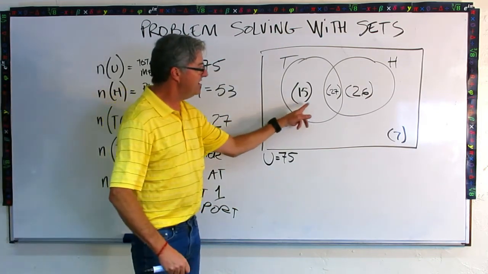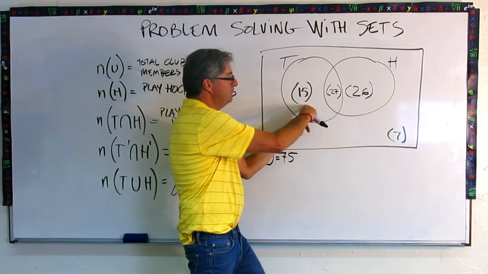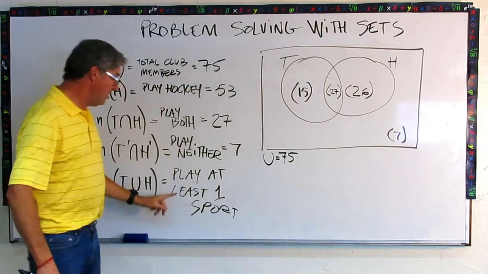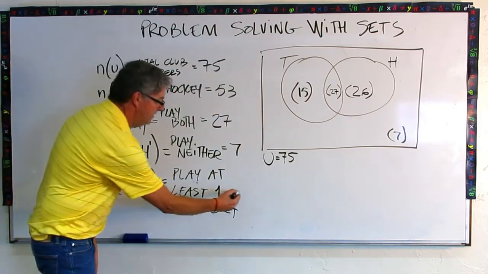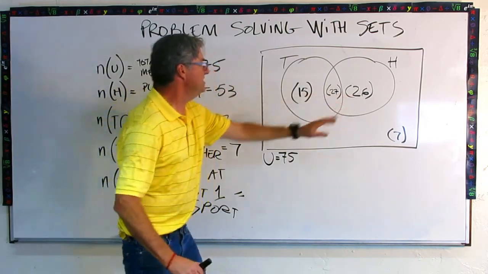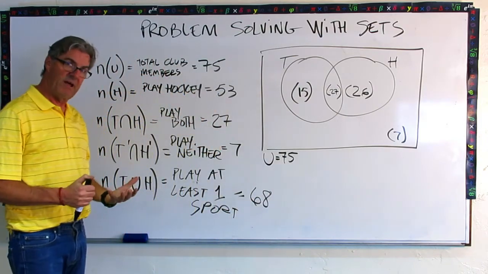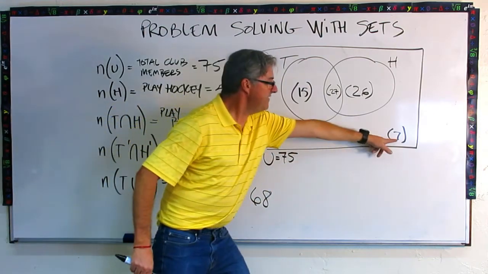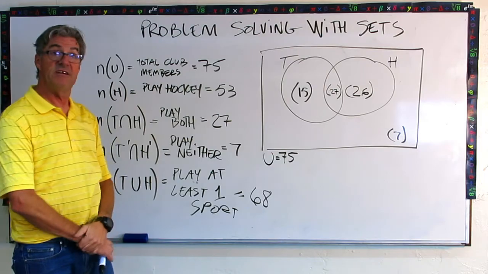So that's this area, and that area. So these two are just play tennis or just play hockey. This is play both. So that's why I wrote play at least one sport, because that covers everything. So that's just going to be 15 plus 27 plus 26, which is 68. Okay? Now there's a little check. 68 plus 7 should give us the total in our universal set, and indeed it does.